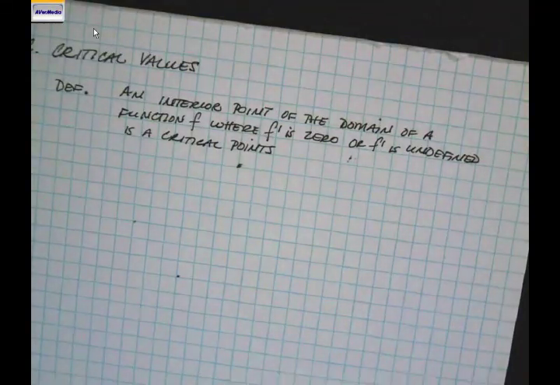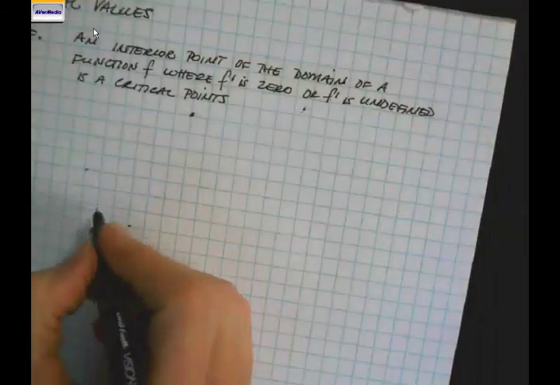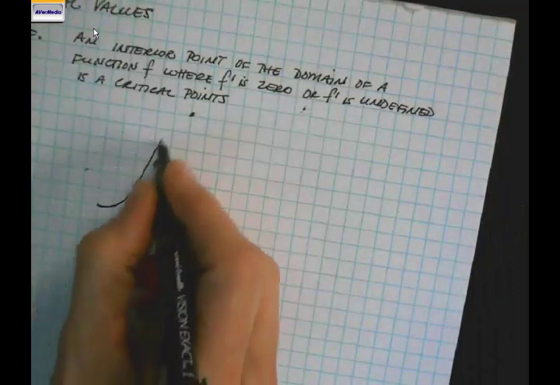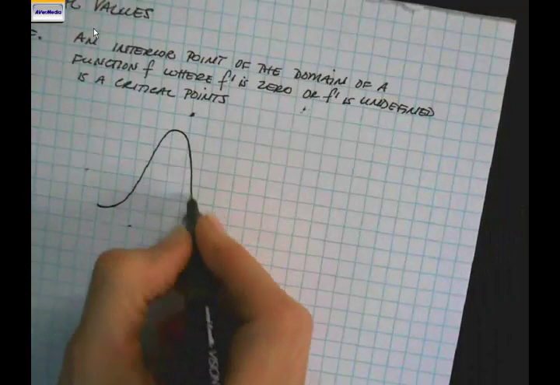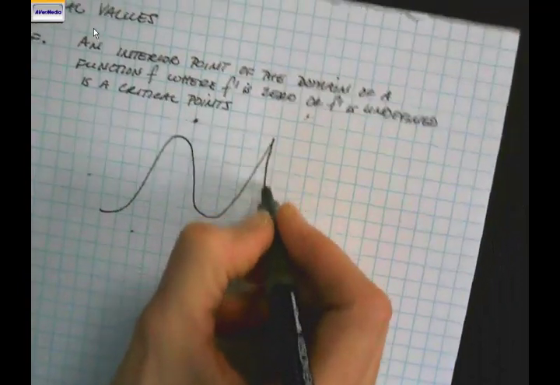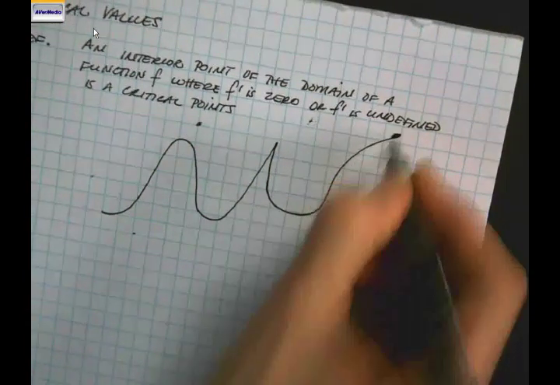Those are critical points. Now let's think about this a minute. I'm going to do a sketch here. Suppose you have a graph that looks something like this.